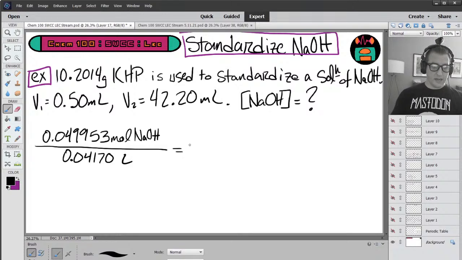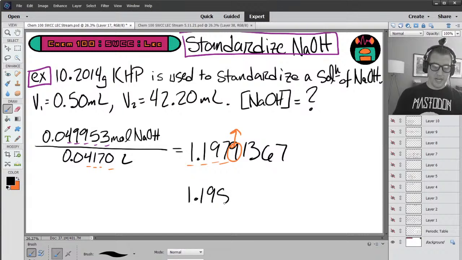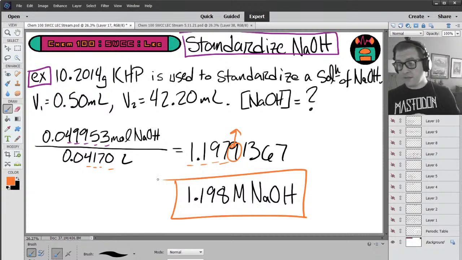This gives us a molarity of 1.1979137. You'll notice that our numerator has 5 sig figs. Our denominator has 4, so we have to round to 4. 1, 2, 3, 4. This 9 rounds up. So our molarity of sodium hydroxide is 1.198 molar. That is the standardized solution of sodium hydroxide.